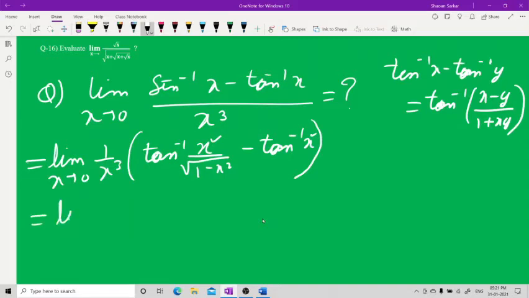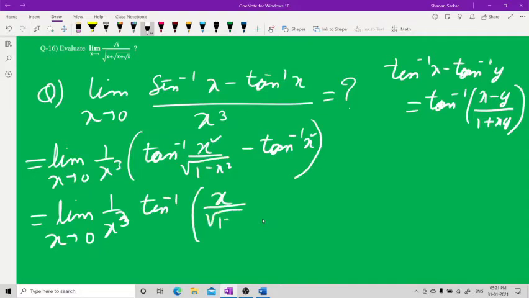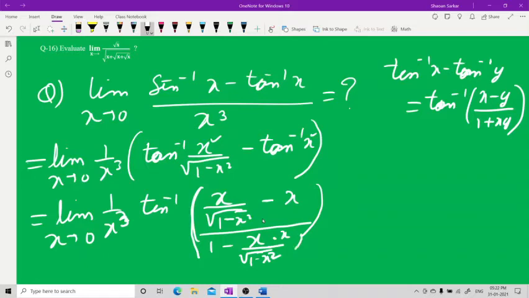So now you have limit x tending to 0, 1 upon x cube, tan inverse of x upon under root 1 minus x square minus x, upon 1 plus x upon under root 1 minus x square into x, this way. I've used this formula here. Now let me draw this line properly. Yes, now it's okay. Now you take LCM.